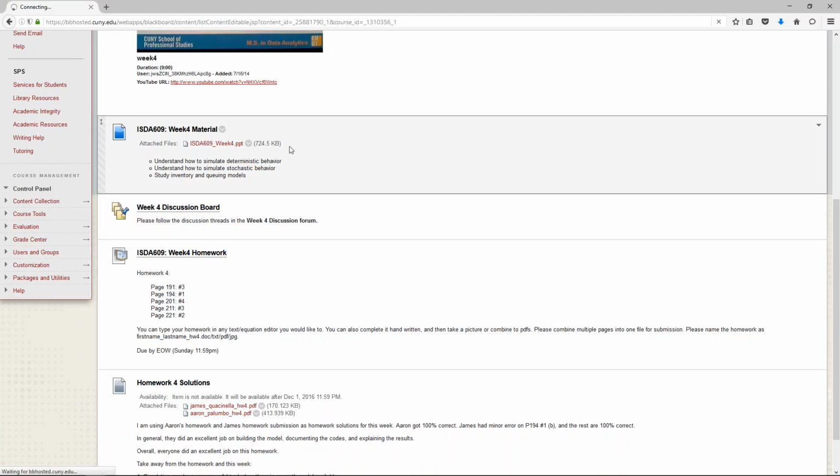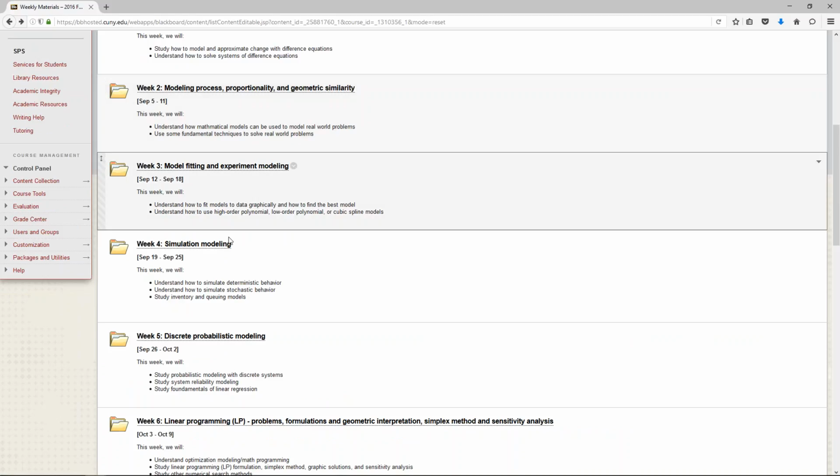Oh, okay. Oh, no, it's not here. I'm looking for my queuing example. I think it's probably in section 5.